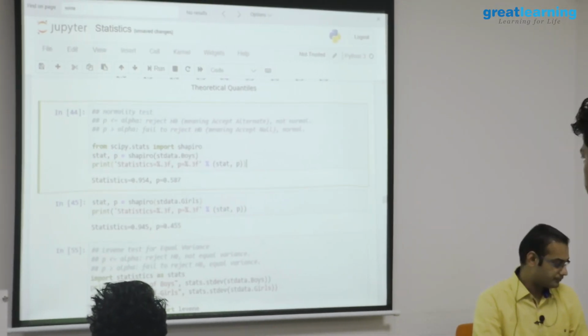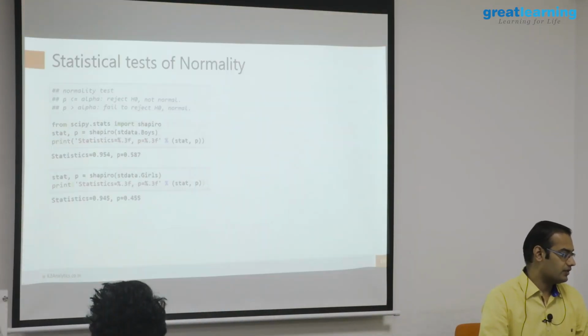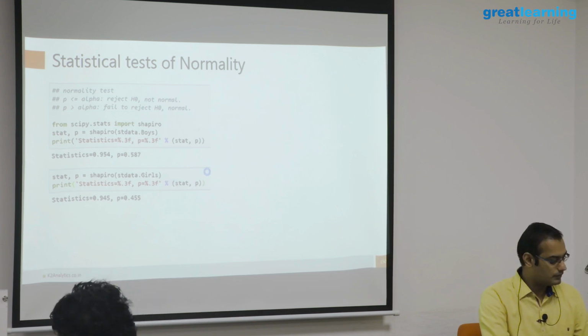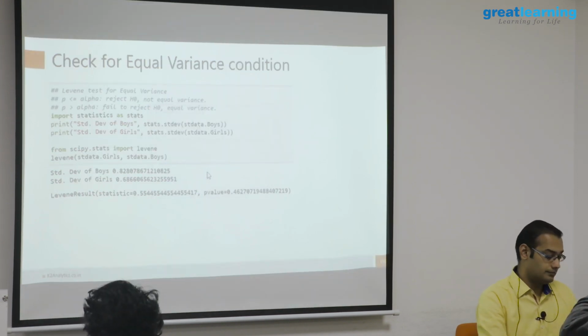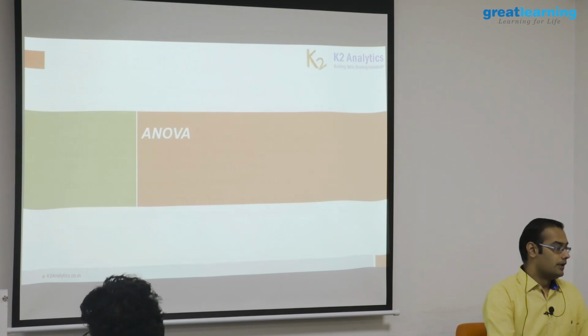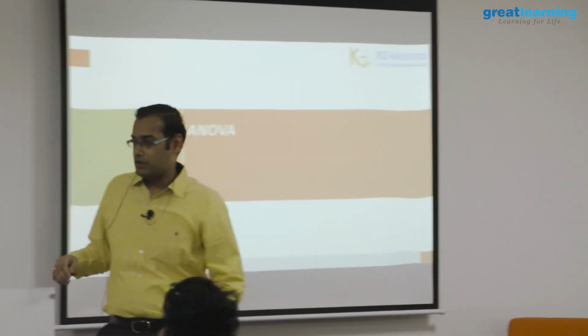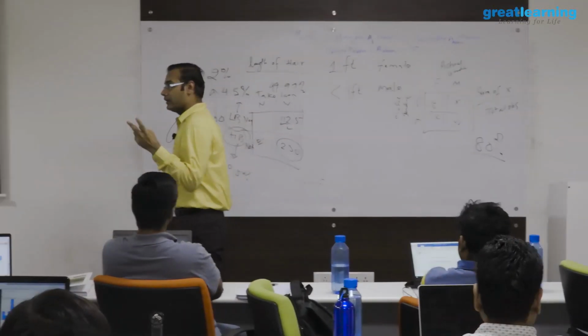So let's move on to our next stats test, which is ANOVA. See, in a t-test, what you can test is one sample with respect to a reference point, or you can have two samples, or you can have two samples which are paired.